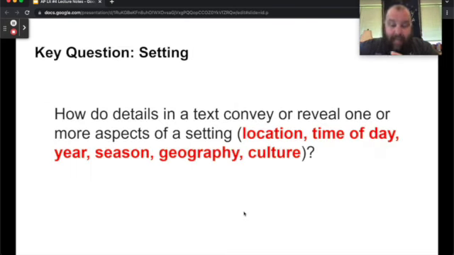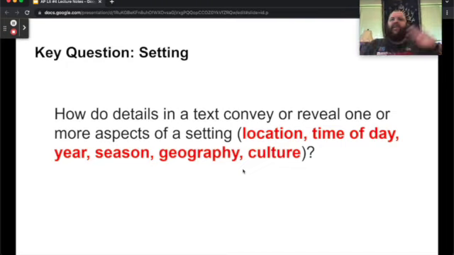So here's a key question. How do details in a text convey or reveal one or more aspects of a setting? Things such as the location, the time of day, the year, the season, the geography, the culture, right? Those you want to remember. You want to get those down. How do details in a text convey or reveal one or more of those aspects?